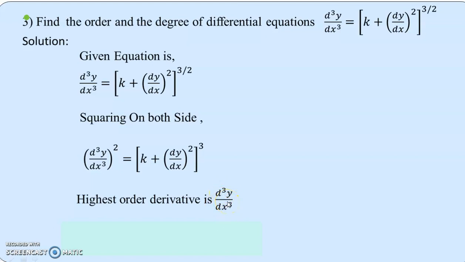Now to find the degree, the highest power of this highest order derivative is 2. So its degree is also 2. So the order of the given differential equation is 3 and the degree is equal to 2.